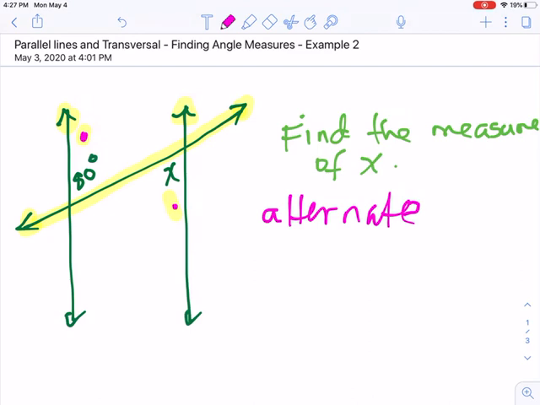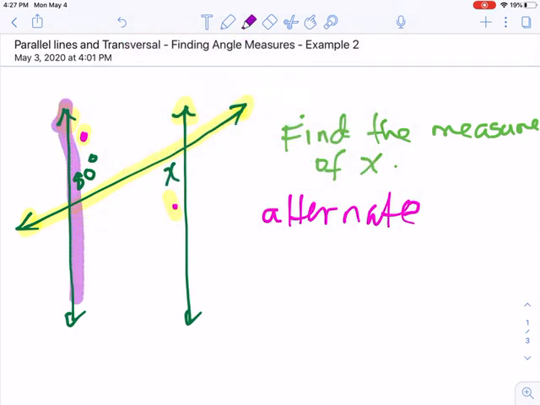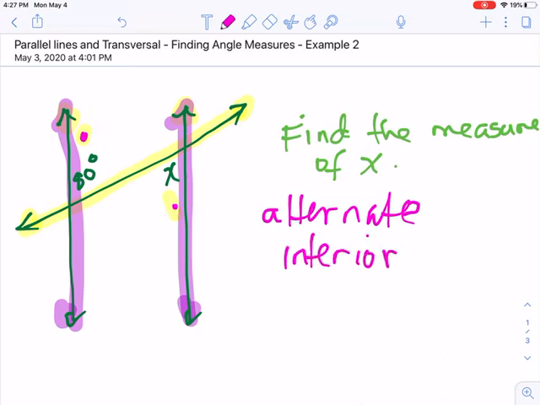I also see that they are inside of my parallel lines. Look at the parallel lines. You can see that they're inside the parallel lines, and there's another word that we know, and that is interior. Immediately, I've been able to identify the angle pair.